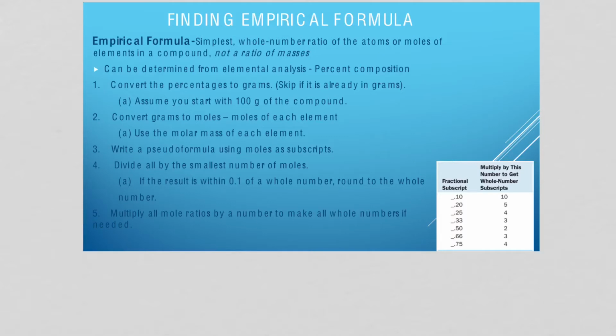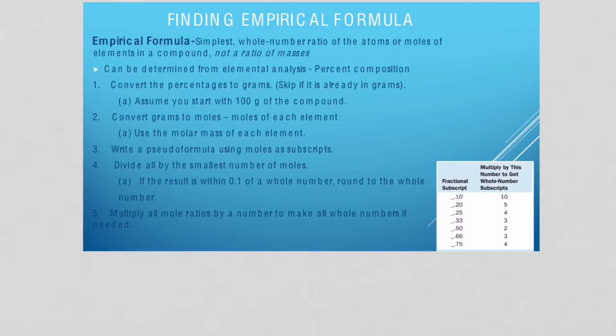So early on, we looked at the difference between molecular formula and empirical formula. Back in chapter 5, we had these two different ways that we could express the formula. Remember, the empirical formula is the simplest whole number ratio of the atoms or moles of elements in a compound.